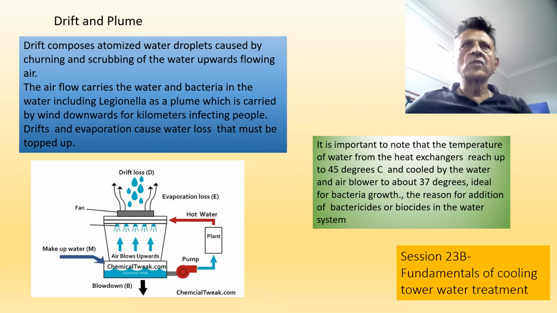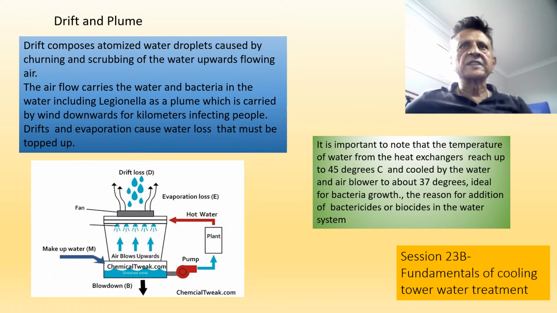The airflow carries this atomized water, which also includes bacteria such as Legionella, and the wind will blow it away, and that becomes the plume. This plume can be carried by the wind downwards for kilometers.